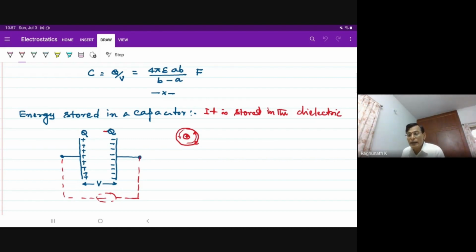When you talk about an atom, if it is not in an electric field, the positive charge center coincides with the negative charge center.